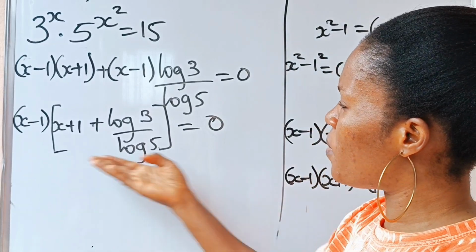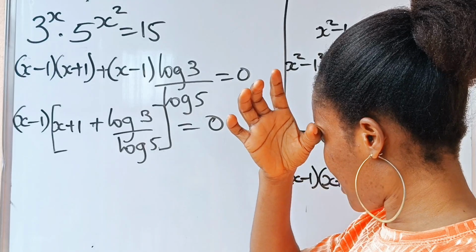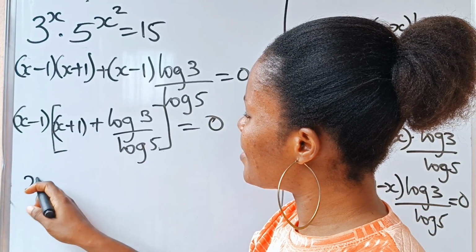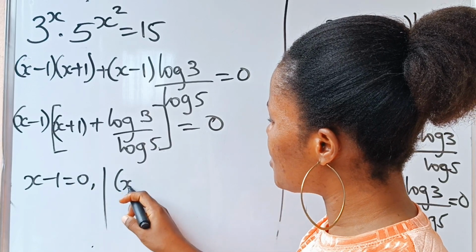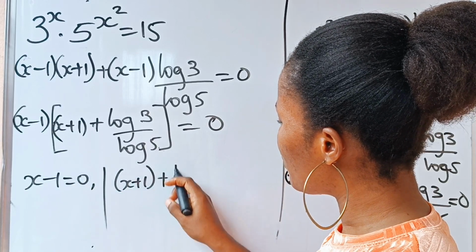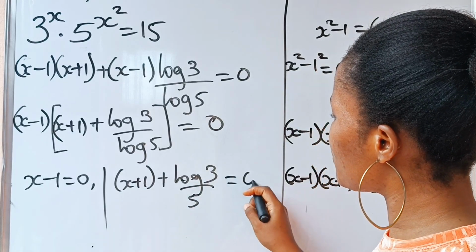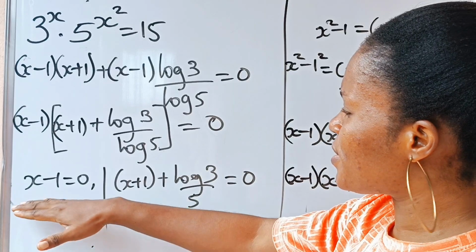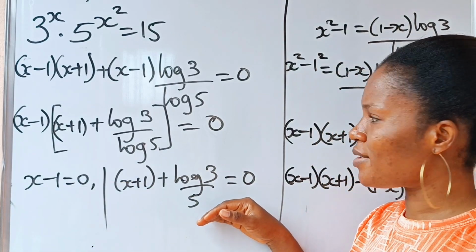Since we have two brackets that we equated to 0, we can write that x minus 1 is equal to 0, and that x plus 1 plus log 3 divided by log 5 is also equal to 0. Now we are going to solve for x here, and we are going to solve for x here as well.